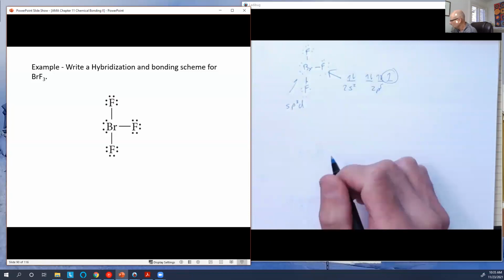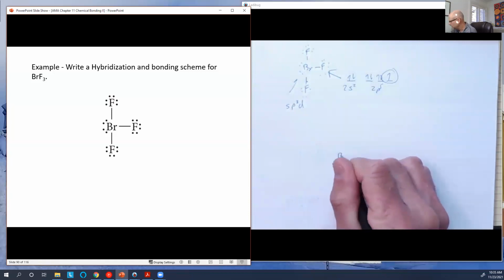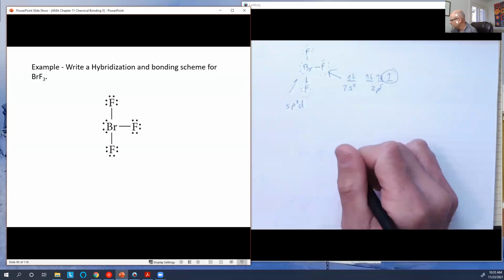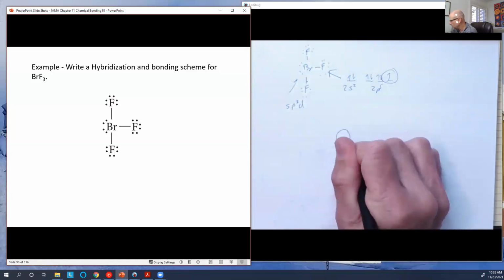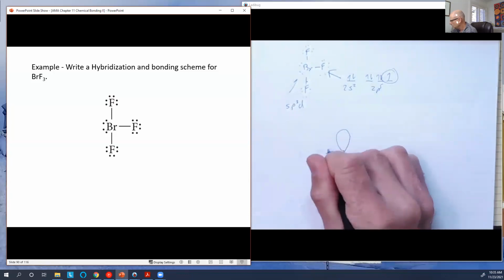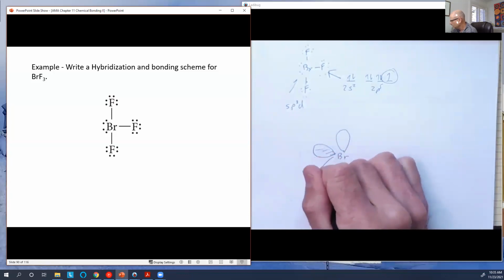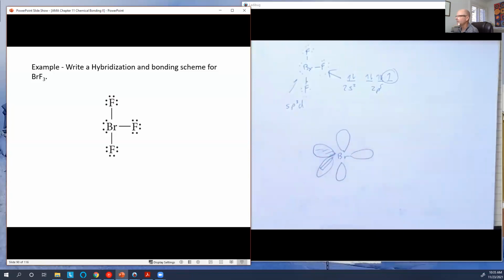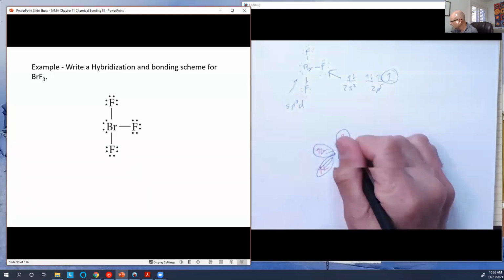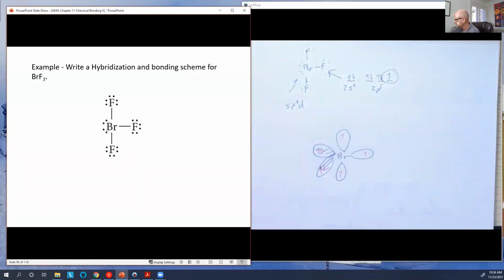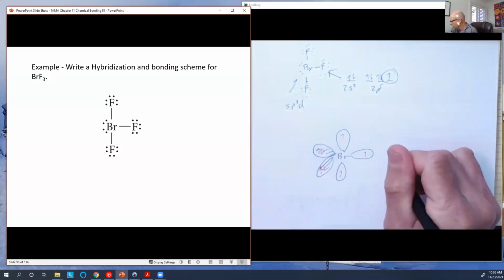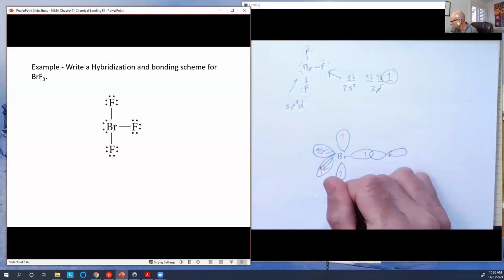So then what we can do is draw the central atom with the sp3d hybrid orbitals, so that we know that there are 5 lobes, one going into the paper, one coming out of the paper, and the others in the plane of the paper, right? And we can see from the Lewis structure that 2 of these are going to contain lone pairs. They're not going to be involved in bonding. The other 3 are going to form bonds, so we know that each of them is going to have 1 electron. And then they're going to bond with the fluorine atoms via p orbitals.